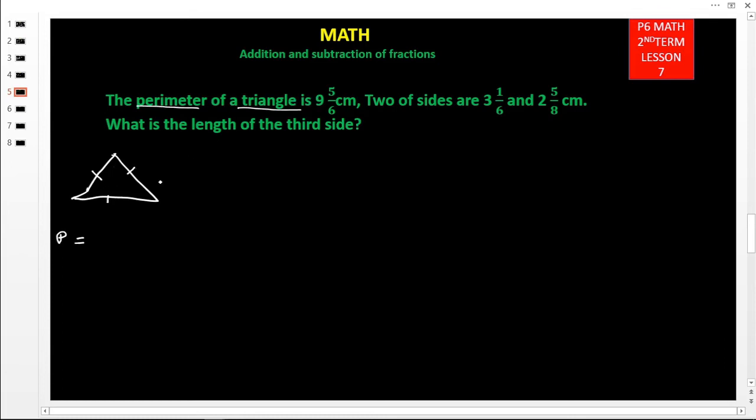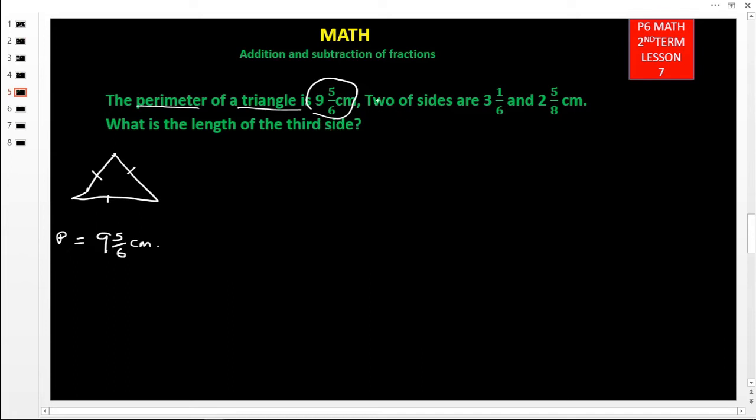They're saying that after adding the lengths of these 3 sides, the answer they have obtained is 9 whole number 5 out of 6 centimeters. So the perimeter is 9 whole number 5 out of 6 centimeters. So after adding the 3 sides, let us continue. They are saying, please, when you are doing word problems, you have to read and understand the question.